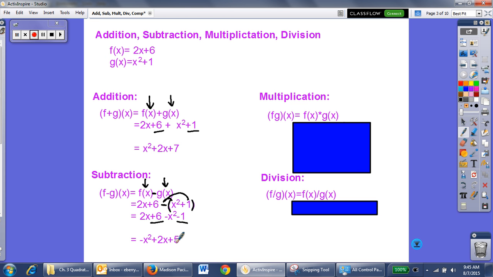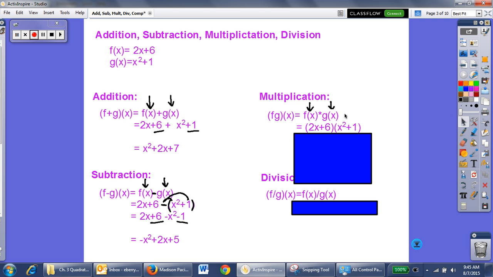Now multiplication. We have f times g of x. Again, notice that it's best to write them separately. So f of x times g of x. Writing these functions, we have 2x plus 6 times x squared plus 1. Hopefully you know what to do from here, so we're going to FOIL these binomials and look at what happens here.